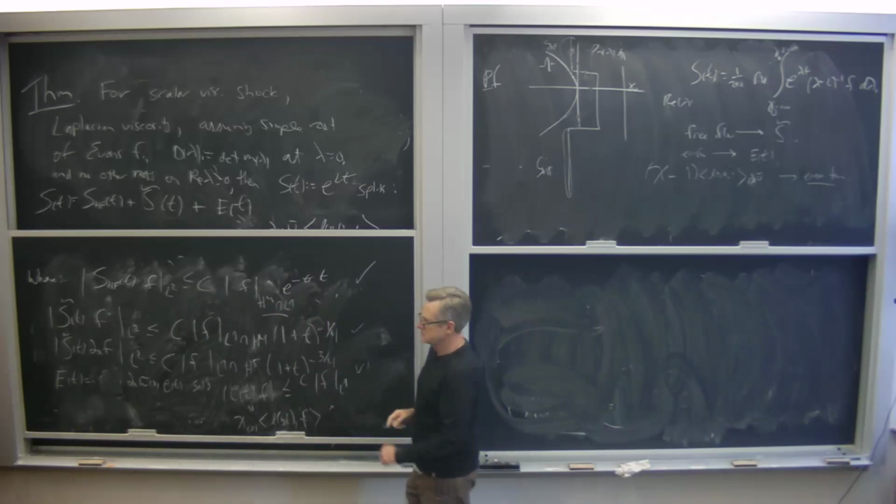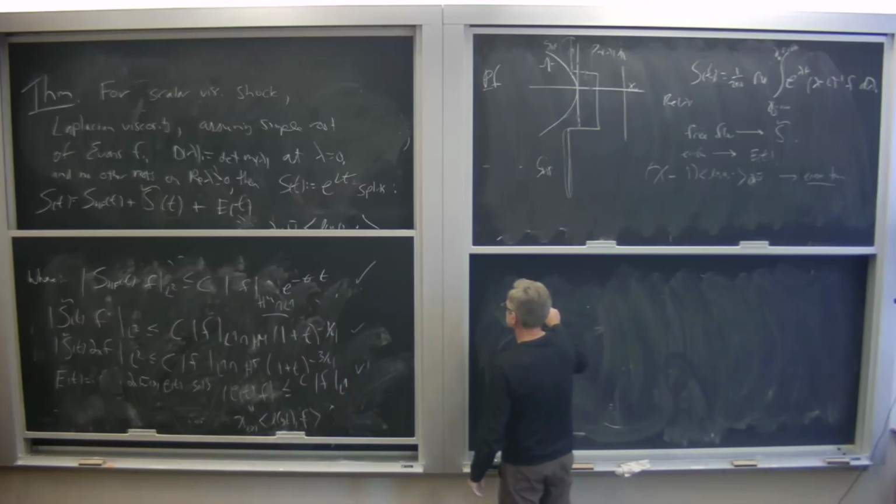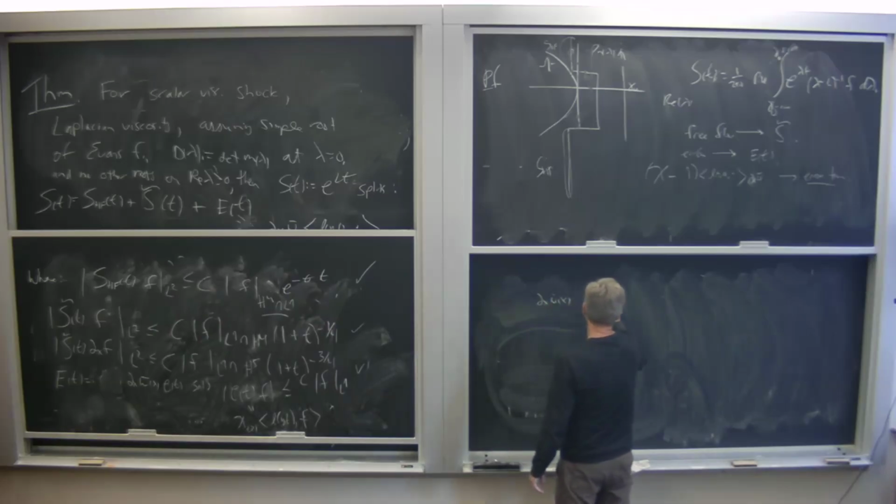But this also is harmless. So what do I need to show? I need dx, w bar of x, and then the error function against f.